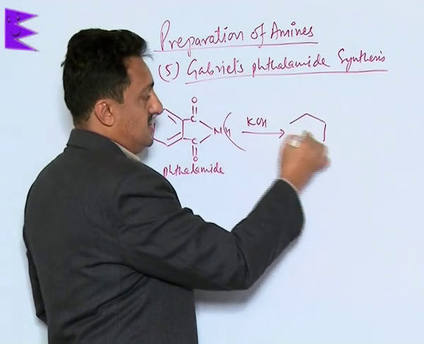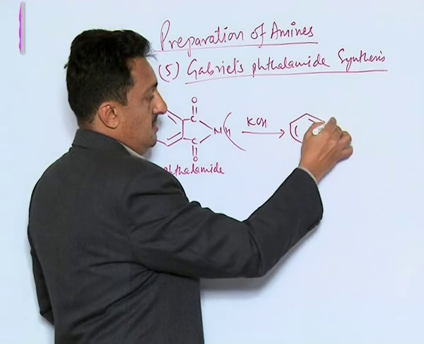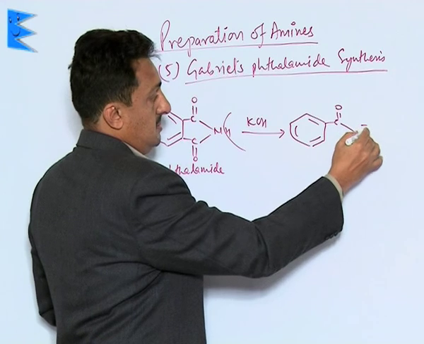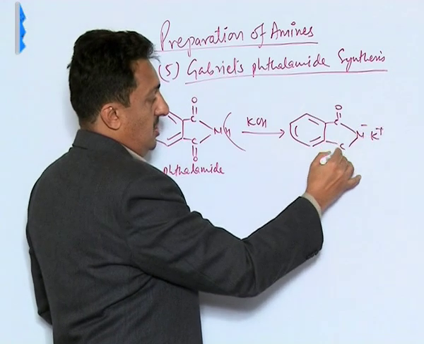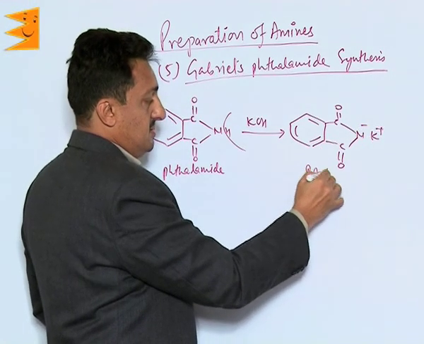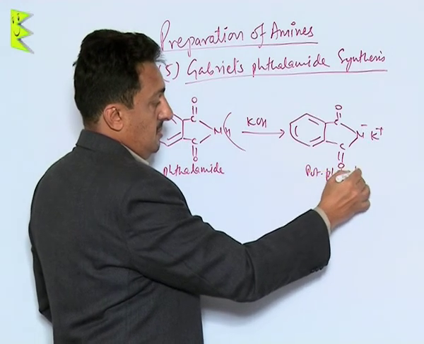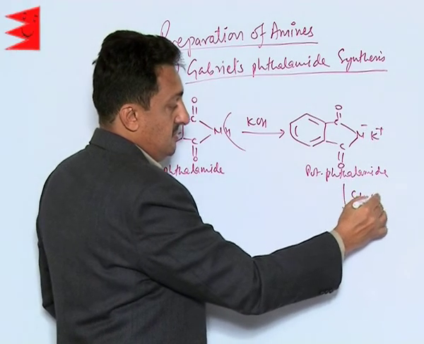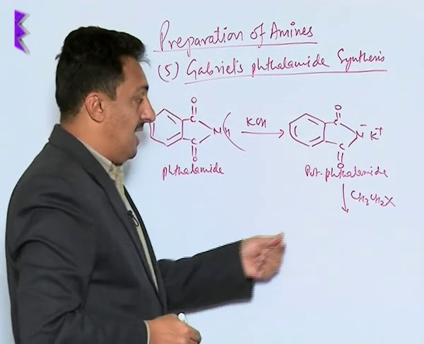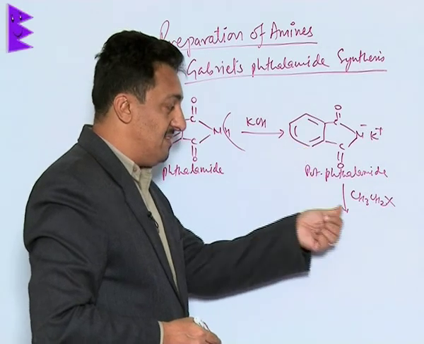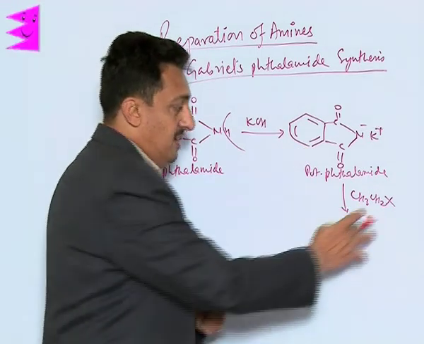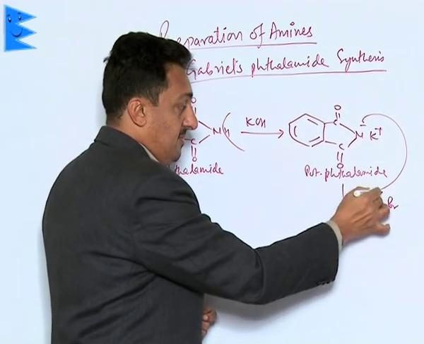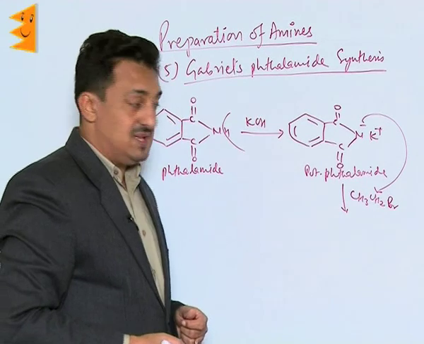So what we get is potassium salt, potassium phthalimide. Now this potassium phthalimide, being a nucleophile, is attacked with any alkyl halide, let it be ethyl bromide. So this nitrogen's nucleophilic attack takes place on this alkyl bromide.